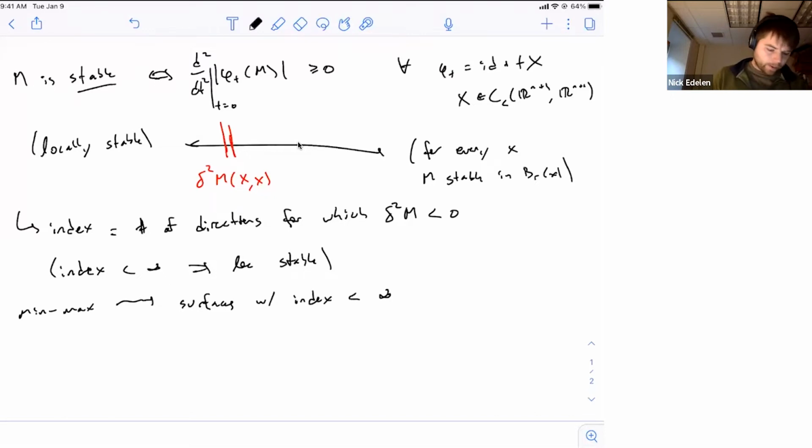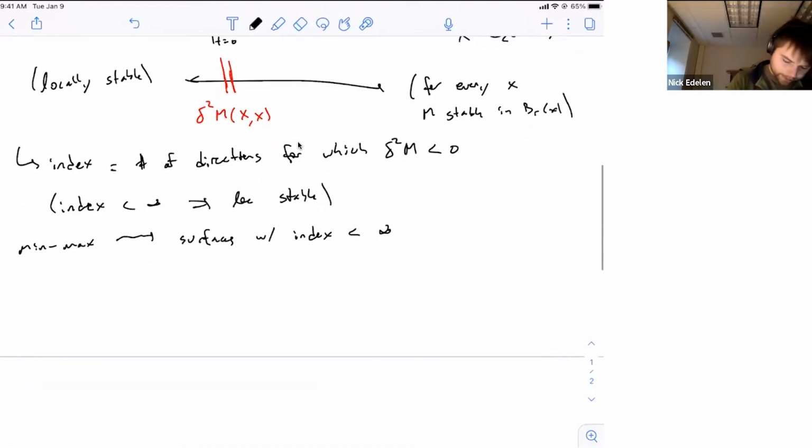Right, so for locally stable minimal hypersurfaces, we know a lot about the regularity, and the cornerstone of regularity theory for minimal surfaces is the following. It's an accumulation of many people's work.